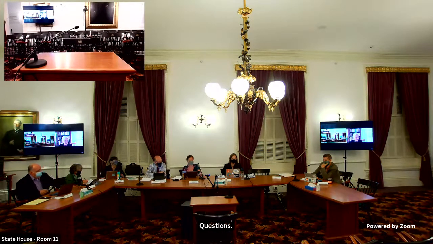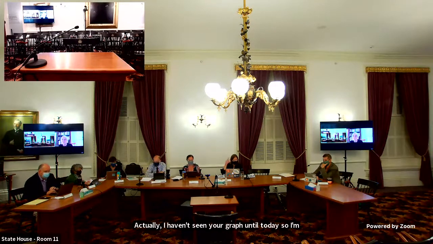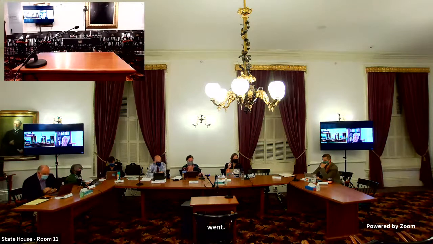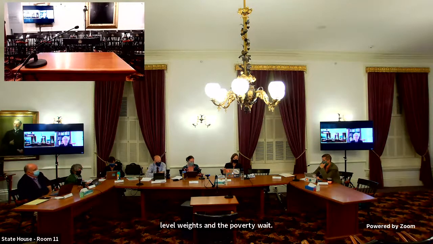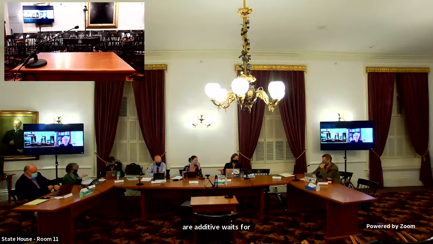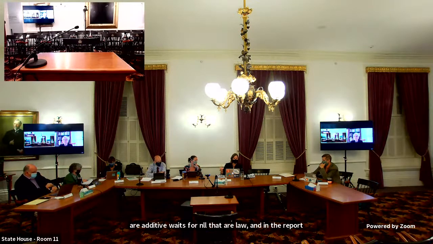I haven't seen your graphs until today, so I'm trying to work them out in my mind. Right now we have multiplicative weights for the school level weights and the poverty weight. The other weights recommended in the report are additive: the weights for ELL that are current law and in the report, and the weights for rural and sparsely populated areas and small schools.